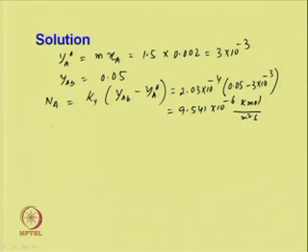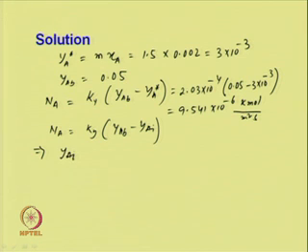We know that N A is equal to k y into y a b minus y a I. So, from this we can calculate the interfacial concentration y a I, which will be equal to y a b minus N A by k y.